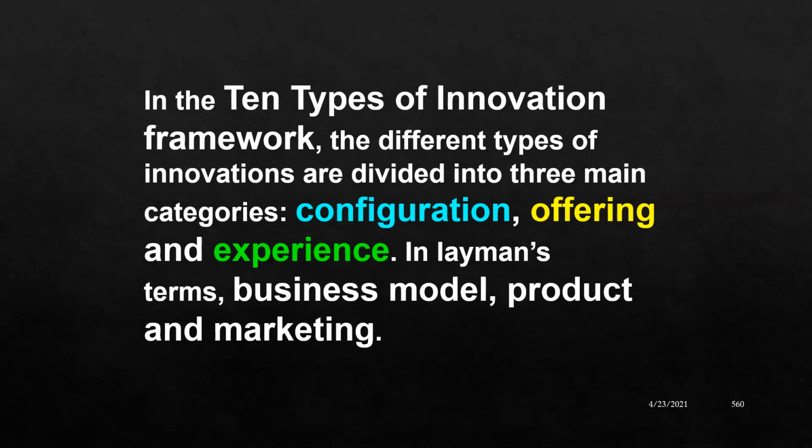And if you want to gain competitive advantage, that means your earning capabilities are much better than every other provider in the industry, right? Comparatively speaking, you have the advantage, right? So all these configuration, offering, and experience domains are very, very important.